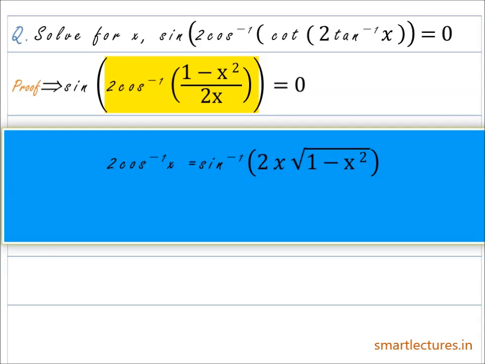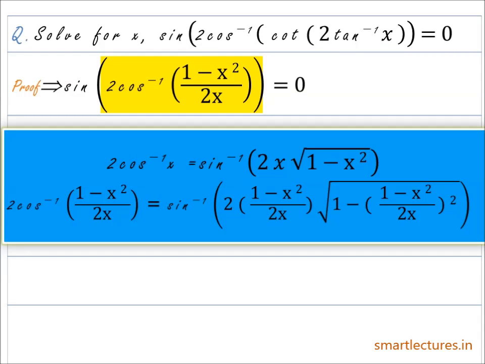And that means 2 cos inverse 1 minus x square upon 2x can be also written as sine inverse 2 into 1 minus x square upon 2x into square root of 1 minus x square upon 2x whole squared.